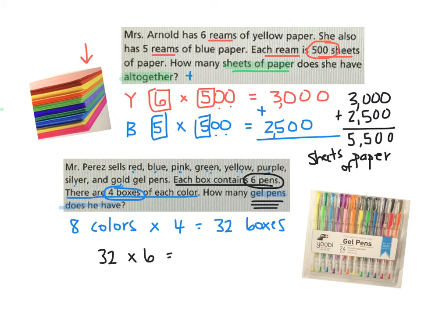Just have one more multiplication problem to solve. 6 times 2 is 12, carry the 1. 6 times 3 is 18, plus 1, 19. So Mr. Perez has 192 pens.